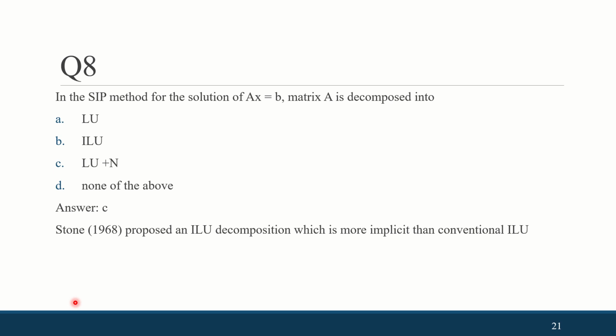In this incomplete LU, we'll have an additional matrix M with 7 non-zero diagonals. So this is a somewhat different version of LU decomposition, known as the incomplete LU method.